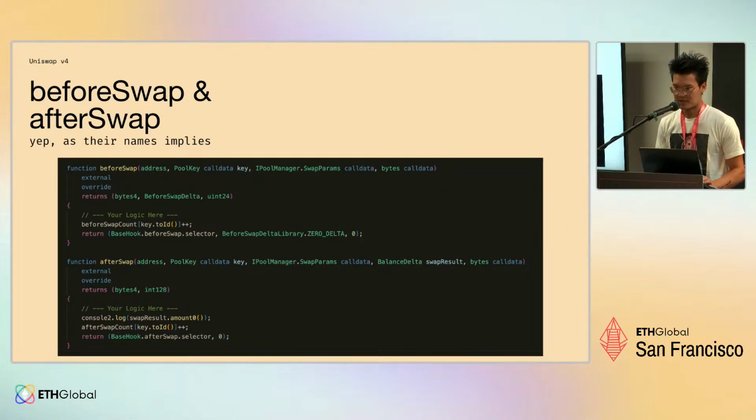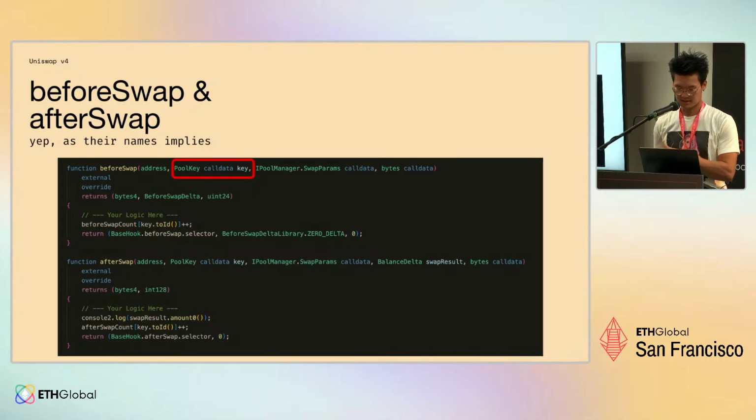And so back to before swap and after swap, things that I wanted to call out with the interface: in before swap, you will always know which trading pair you're operating on. It's possible that your hook is specifically tailored for a stable pair, like USDC and Tether, or your hook supports ETH and staked ETH.